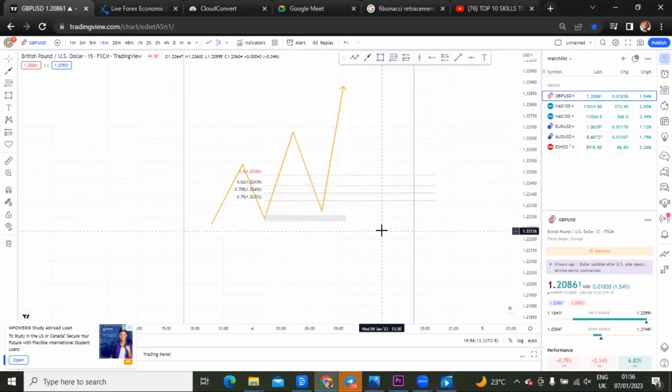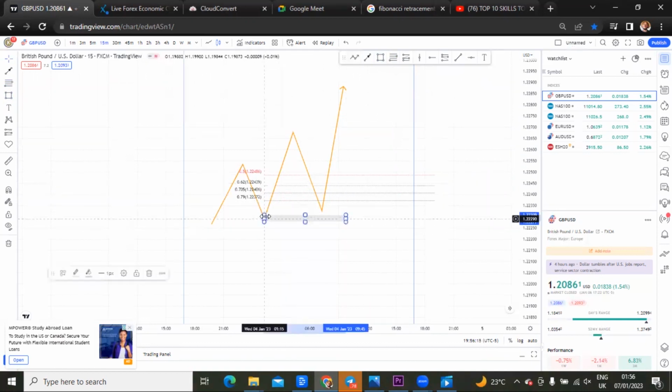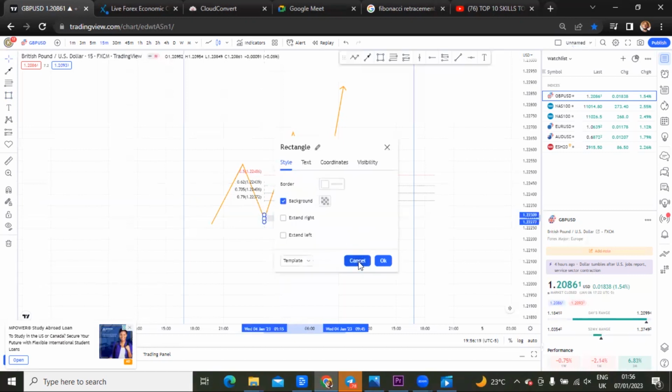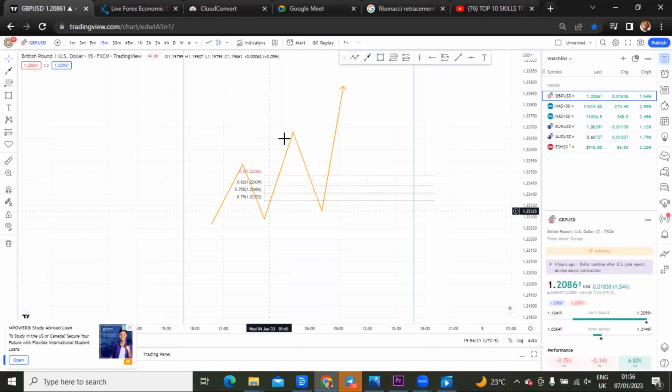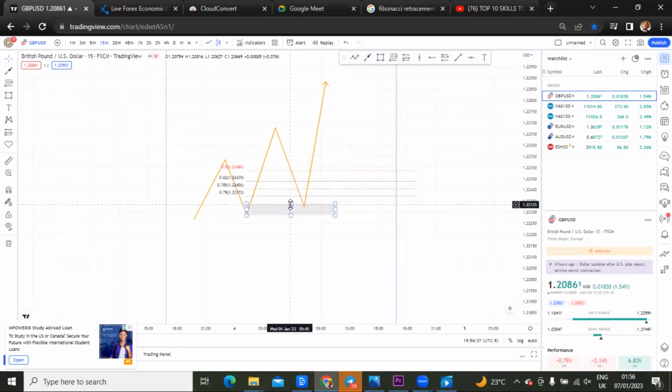And order blocks found at the origin of the demand, at the origin of these buy impulses, are called demand zones. As long as it's found at the bottom, it's called an order block and also a demand zone. But other blocks that are not found at the origin, that are found somewhere here, are just called order blocks. You don't call them demand zones.